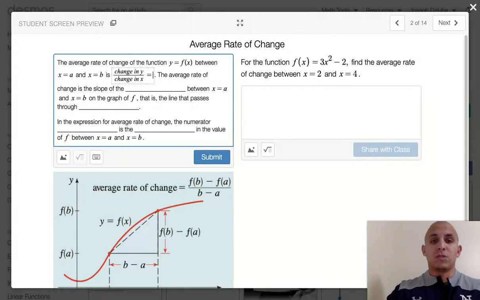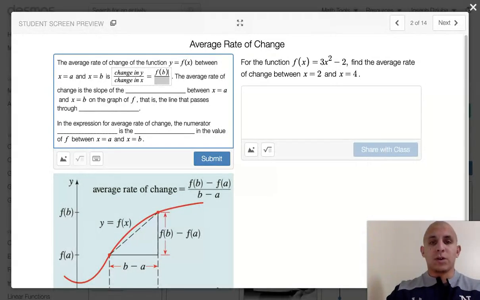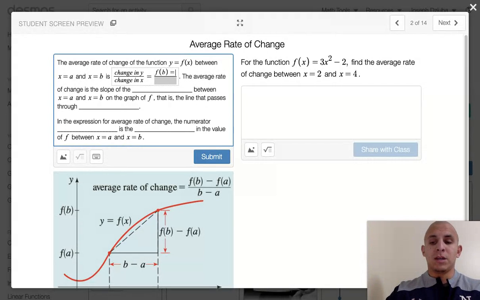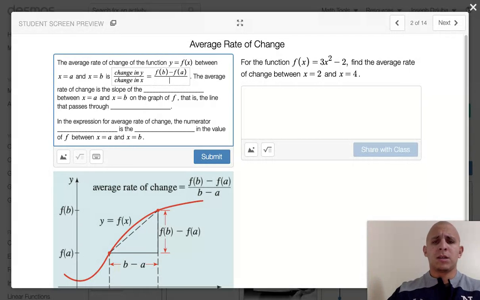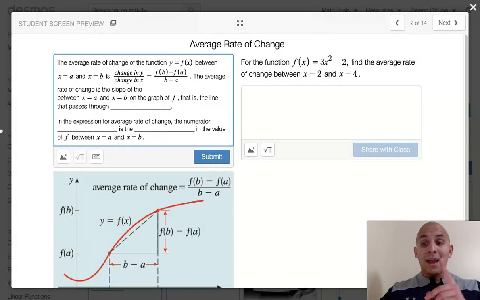Remember, if we wanted to determine the change in y, that would be the function value at point B, subtracted by the function value at point A, divided by the change in x, so that would just be the distance between B and A. That expression should look extremely familiar.